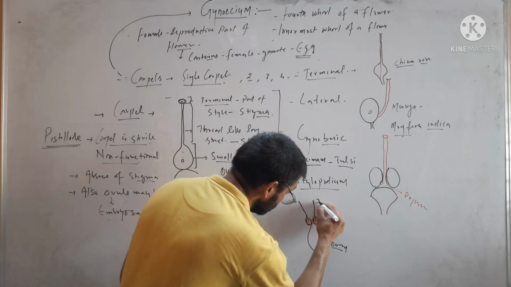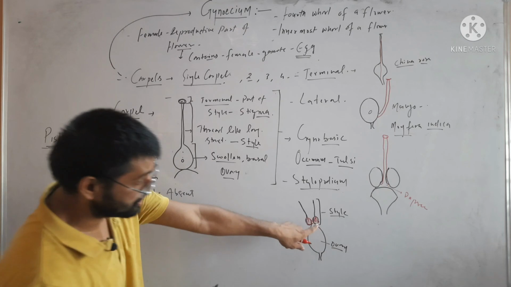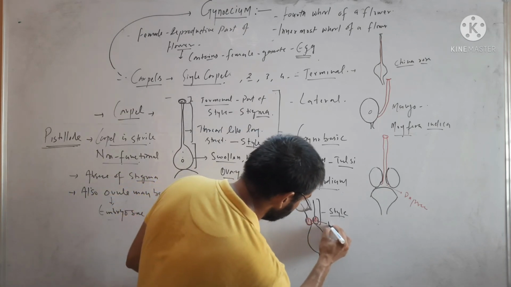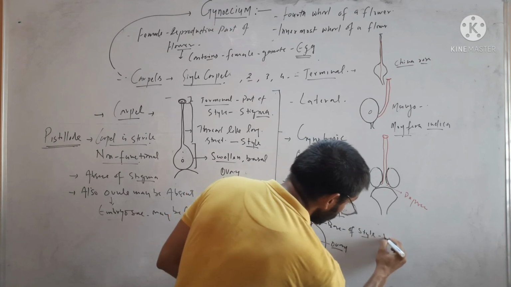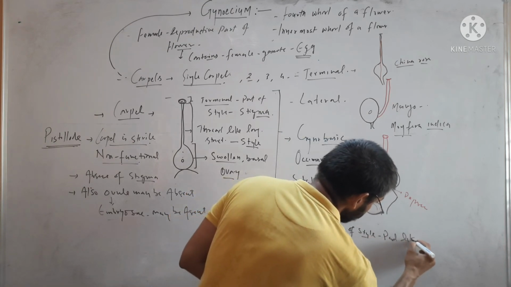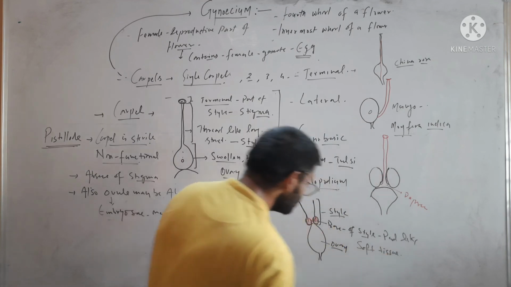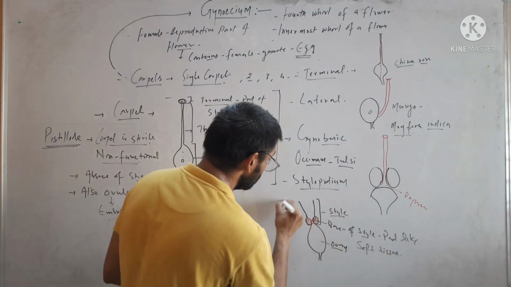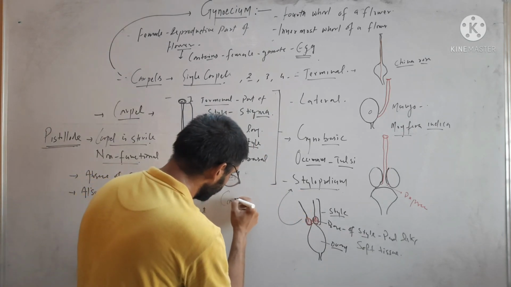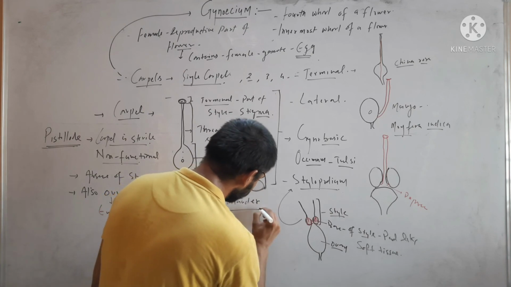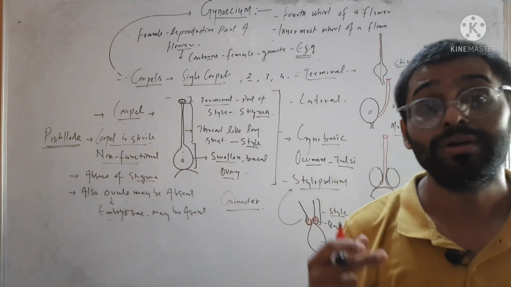So here is the style, and the base of the style is pad-like soft tissue, and this is called stylopodium. It is found in coriander. So these are the terms that are related to gynoecium.